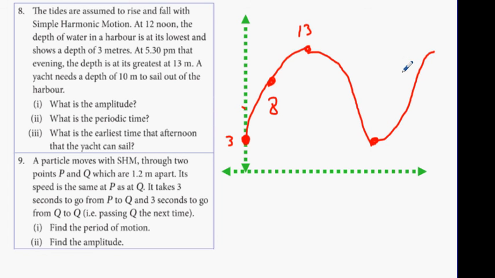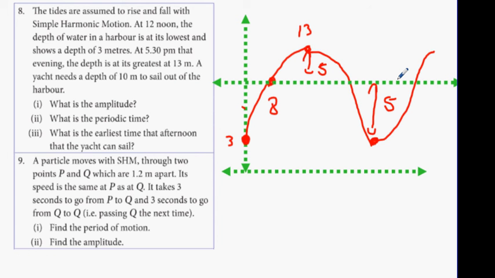So if you imagine 8 as an ad hoc x-axis, the tide bobbles up and down, above and below 8 meters. Would you agree with that? So therefore the full system can be based off simple harmonic motion. Okay? So, what is the amplitude? I think we just found out a second ago, didn't we? Anyone tell me? The amplitude is 5. 5 meters above and below the middle value.